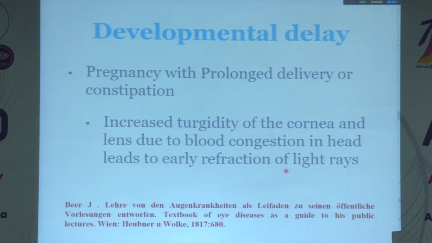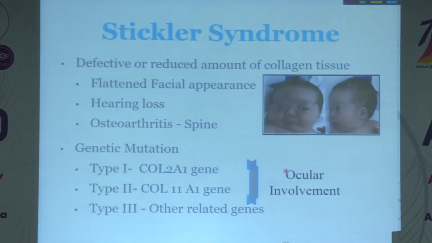The other hypothesis which has been put is that in pregnancy with prolonged delivery or with constipation for a long duration results in increased turgidity of the cornea and the lens due to excessive congestion of blood in the head, which causes early refraction of the light rays and leads to myopia.